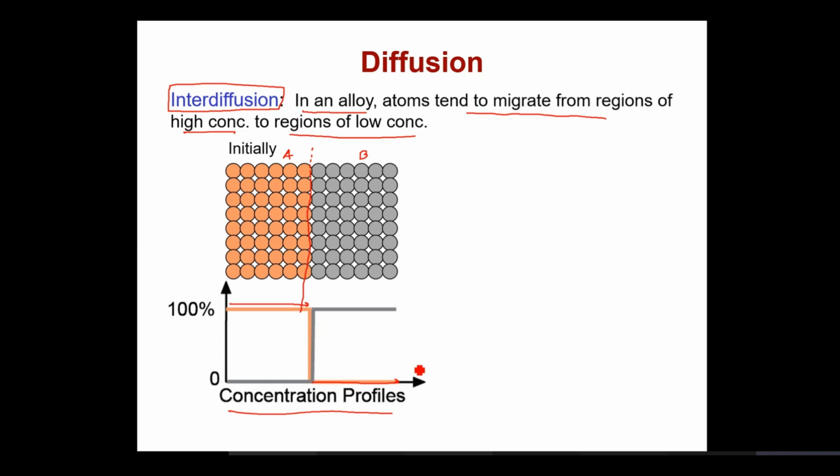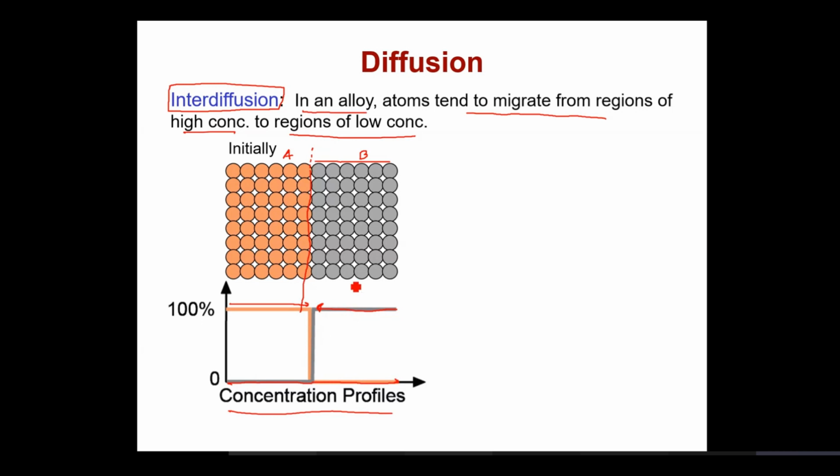Clear enough? Then if you look at the atoms B, they are almost 100% as you move in this direction from right to left up to the interface, and as you approach the interface the concentration drops down sharply to zero.